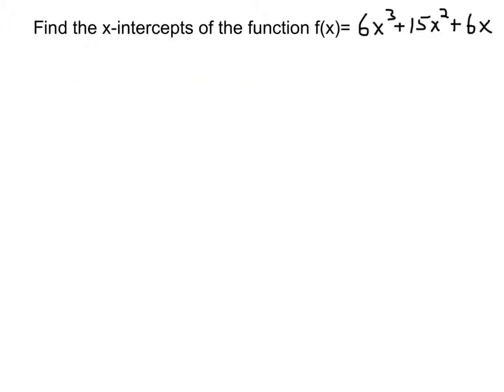Now the factoring method can also be used to find x-intercepts of a polynomial function. For example, if we want to find the x-intercepts, remember our strategy was to plug a 0 in for y. And f of x is really the same as y.